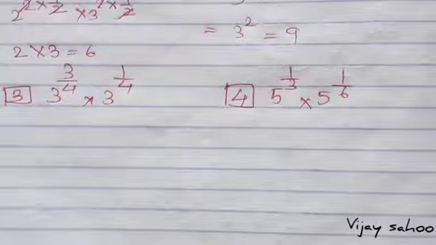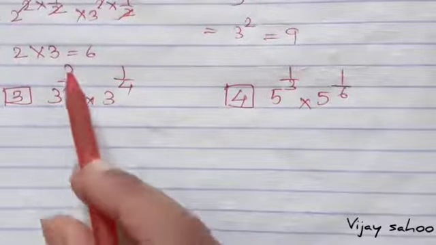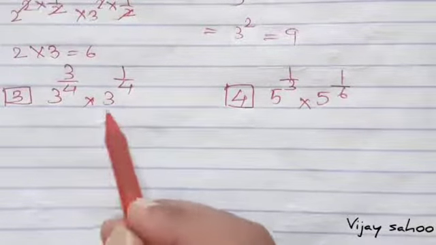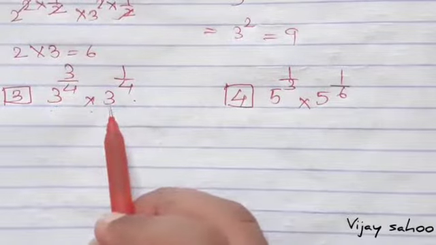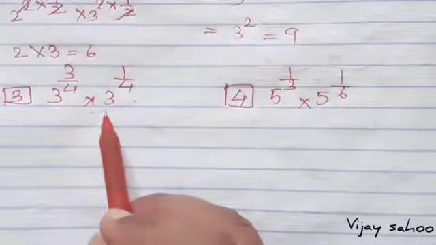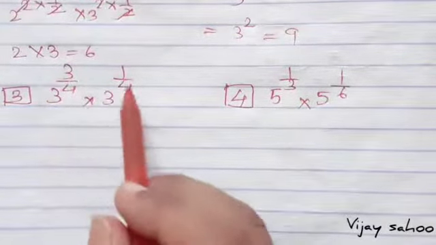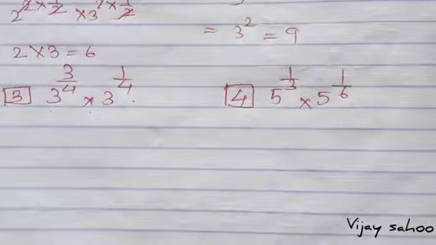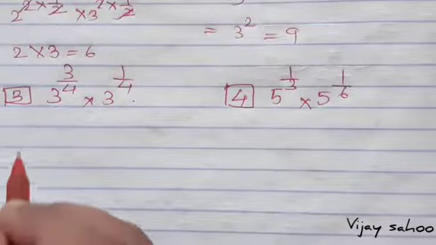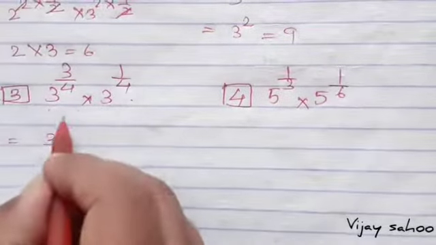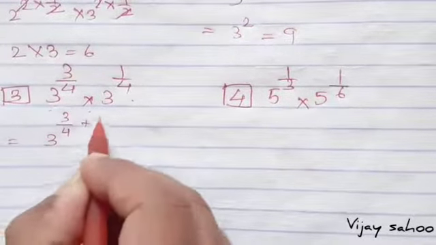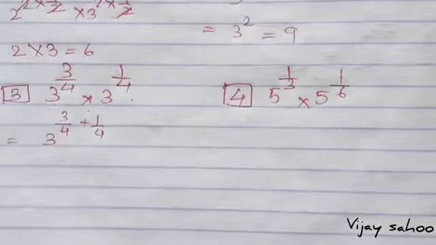Now the third question: 3 power 3 by 4 multiplied by 3 power 1 by 4. You could see that here the base is 3, and here the base is 3. If the base values are the same, then the powers will be added according to the laws of exponents. So we will write it this way: the base is 3, and whatever the powers, we will add them, 3 by 4 and 1 by 4.